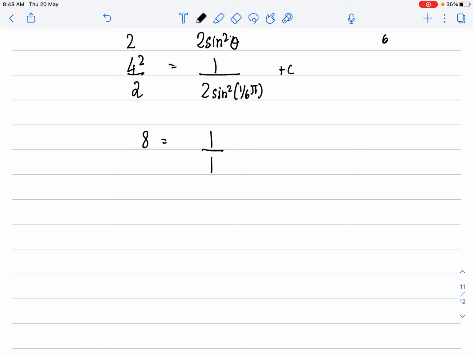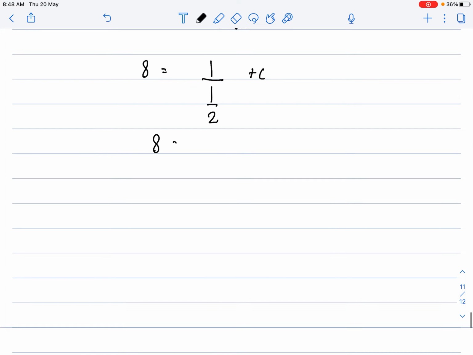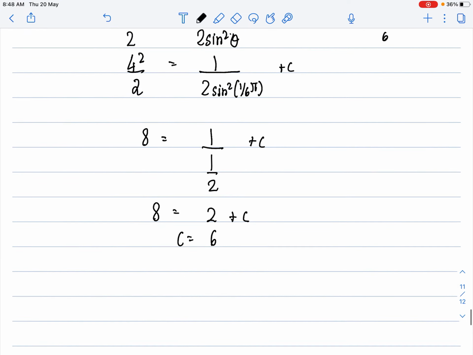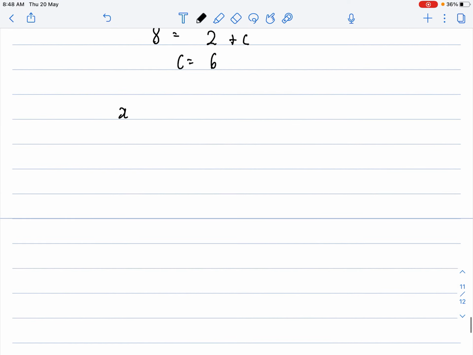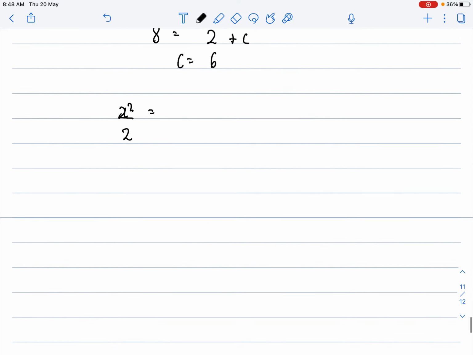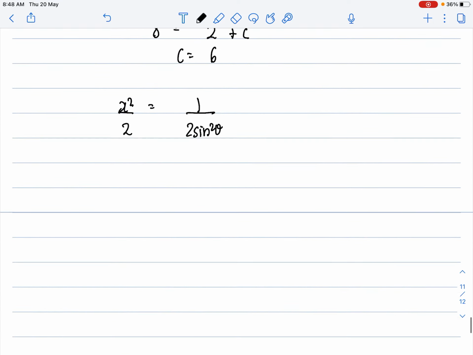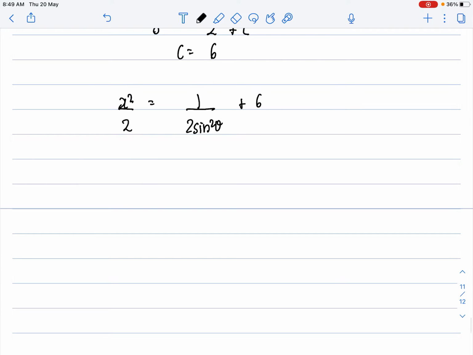So 8 equals 2 plus c, which means c equals 8 minus 2, which is 6. So now I can write x square by 2 equals 1 over 2 sine square theta plus 6.